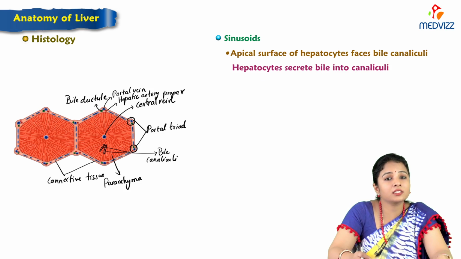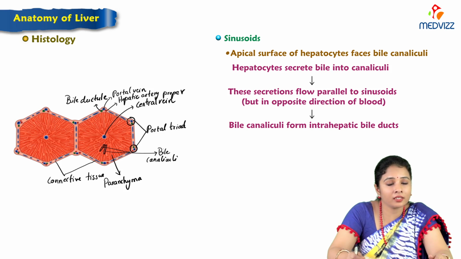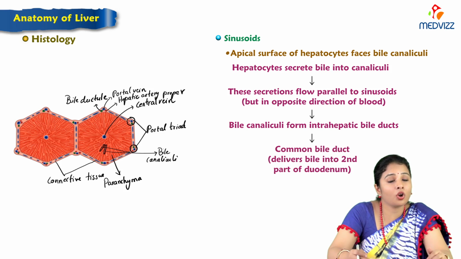So hepatocytes secrete bile into the canaliculi, and these secretions flow parallel to the sinusoids but in the opposite direction of blood. The bile canaliculi from the intrahepatic bile ducts flow the bile into the common bile duct. From there the bile is delivered into the second part of the duodenum.